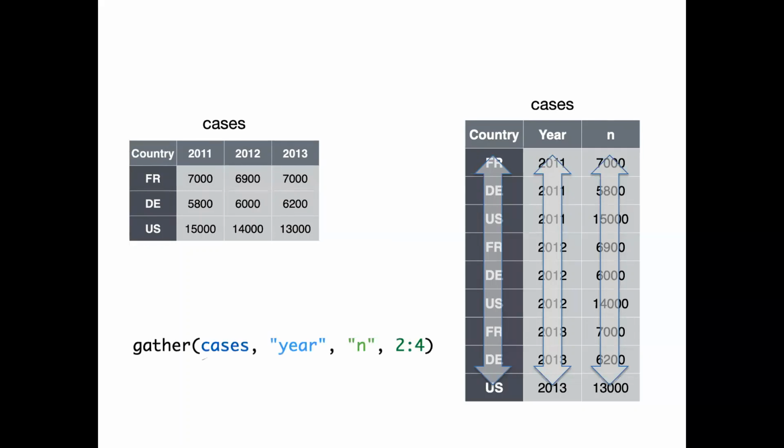This code says, collapse multiple columns into two columns. One, a key column that contains the former column names, and two, a value column that contains the former column cells. And then give me that count, which is the values of the cells.